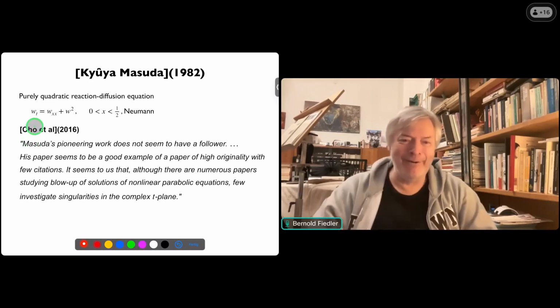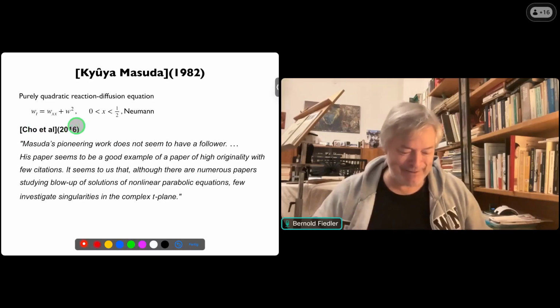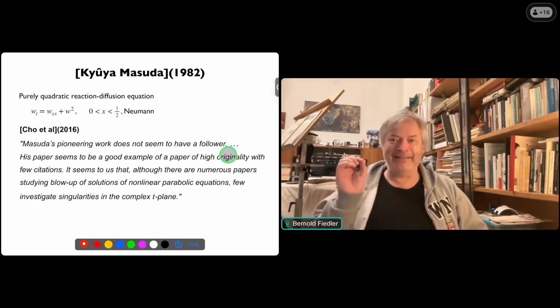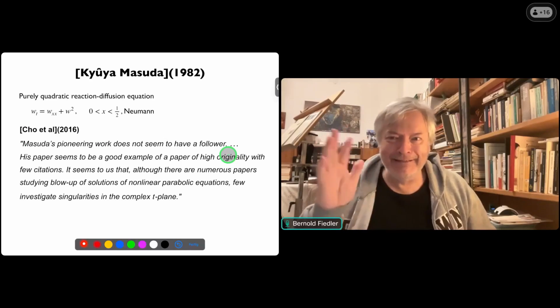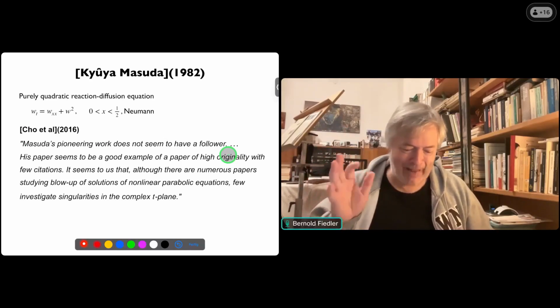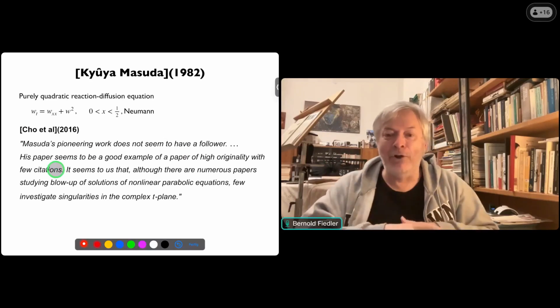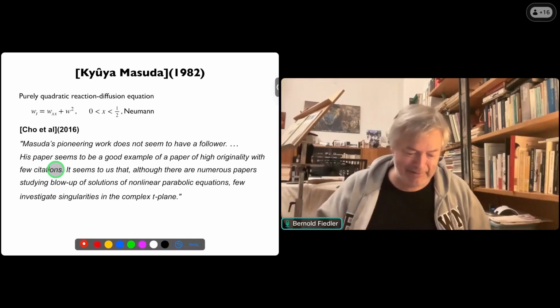Masuda's pioneering work does not seem to have a follower in 2016, they write. His paper seems to be a good example of a paper of high originality with few citations. So don't believe in these citation indices, okay? High originality, few citations. This means there's a lot of space here to step in and work on in the field. There's still very few people.